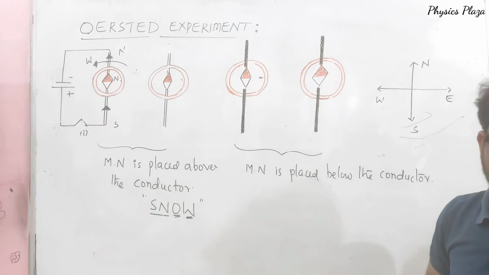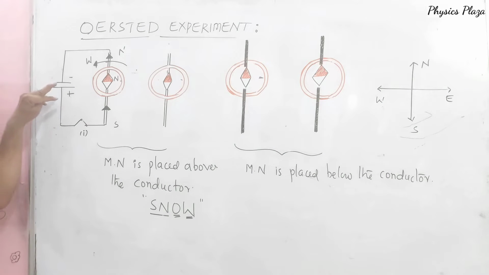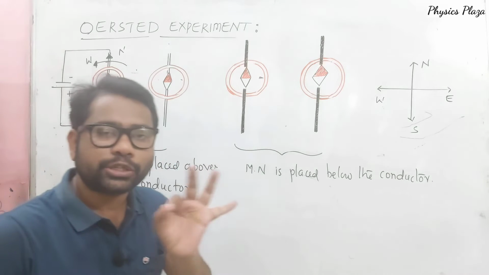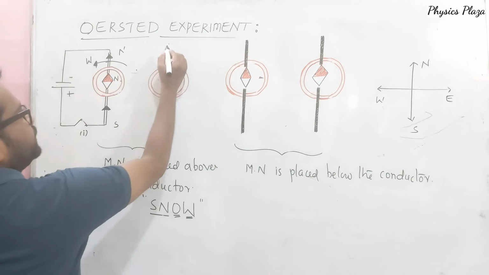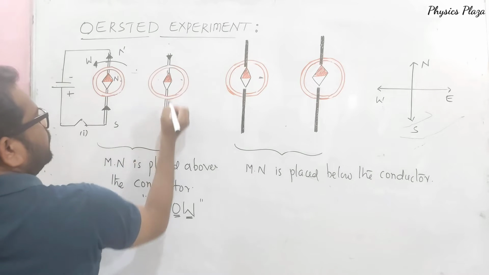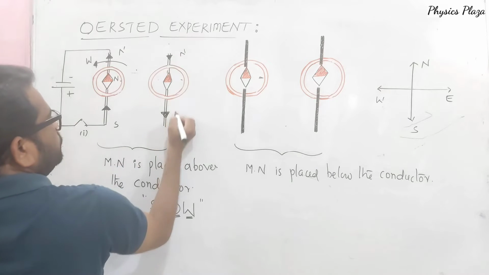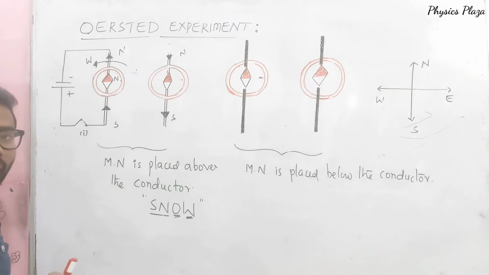Very simple and easy. How? Look here. Children, by changing the terminals of the battery, we can reverse the direction of current. So in the same case, let us say current is flowing from north to south, not south to north. Then what happens?